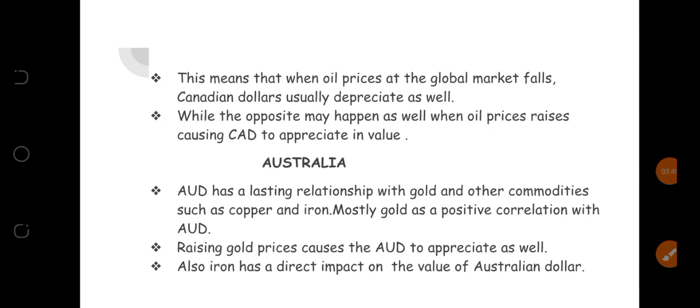And then the other thing that we can mention here is what we call the Australian dollar. The Australian dollar is also a commodity currency. We've just picked particular G10 currencies, so we're just focusing on these ones. For the Australian dollar, it has a positive correlation with gold itself.